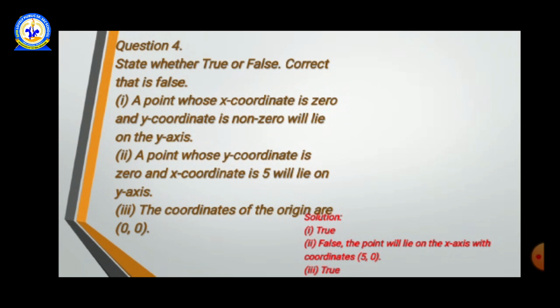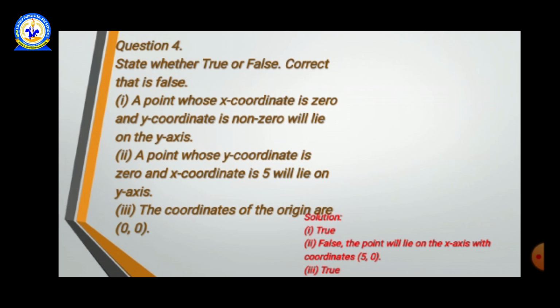So the coordinates are (0, 2). (0, 2) will lie on the y-axis. Yes, because when we plot it on graph paper, it will lie on the y-axis. That's why we can say it's true.